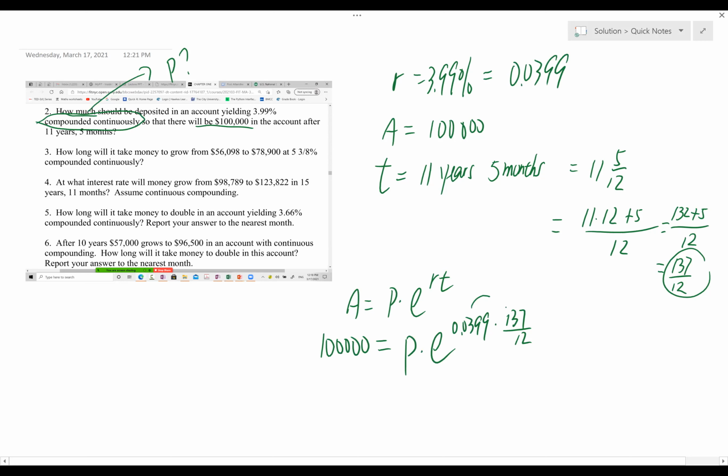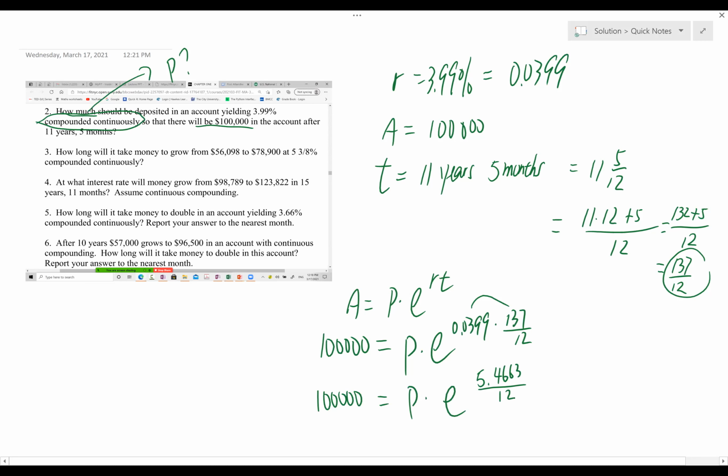You want to multiply these two; we can do that to simplify a little bit first before we move forward. 0.0399 times 137 becomes 5.4663. So I'll get 100,000 equals principal times e to the 5.4663 over 12.